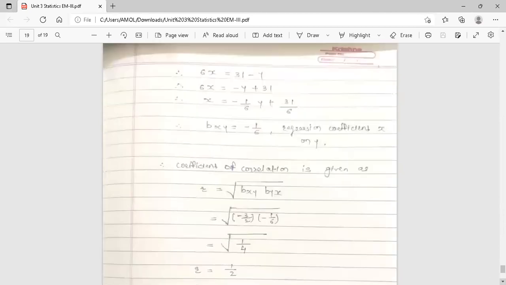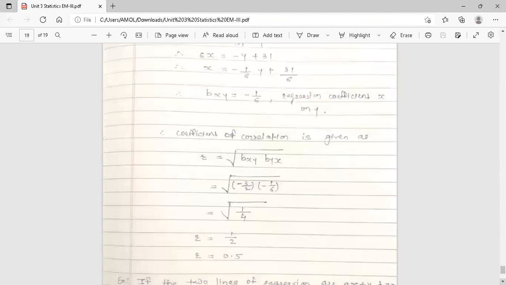And when we assume the regression line of x on y, then we find the value of x, and the coefficient of y is nothing but your regression coefficient of x on y, that is, bxy. And bxy into byx, you multiply and then take the square root. That will be your coefficient of correlation.